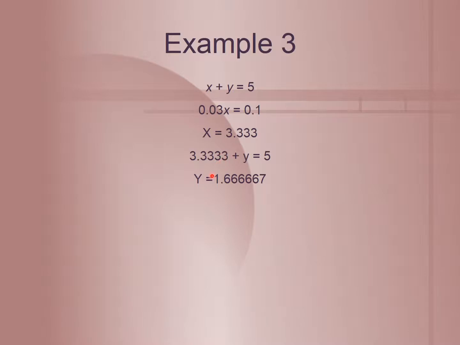So that means that if I were to solve for Y, 5 minus 3.33333 is 1.666666, and eventually you can round off to 7, right? So basically, we have 3 1/3 of the 3%, and then we have 1 2/3 of the fat-free.